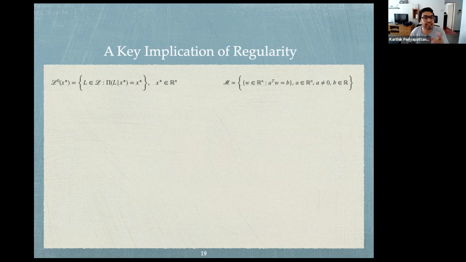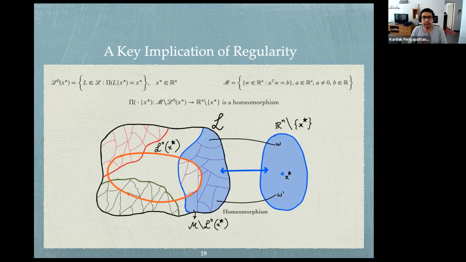So I will now tell you a very nice implication of regularity. Just be with me for a couple of slides. Regularity has this very nice implication, and this implication is already shown in Csiszár's paper. This is not something that we have come up with.